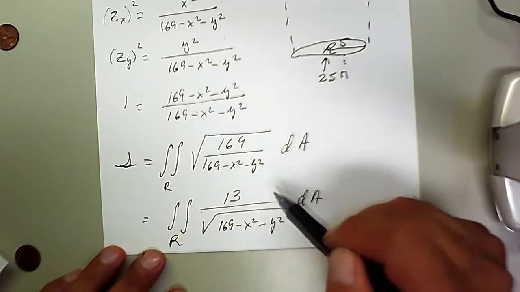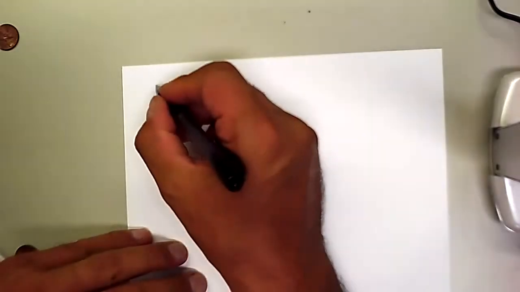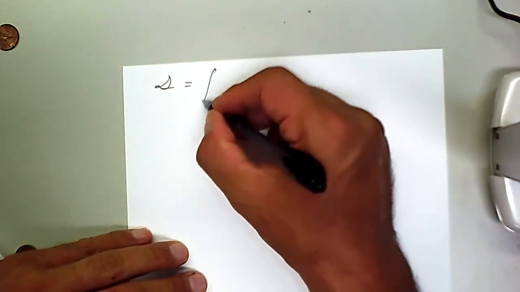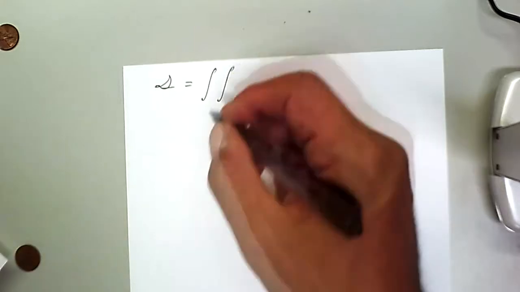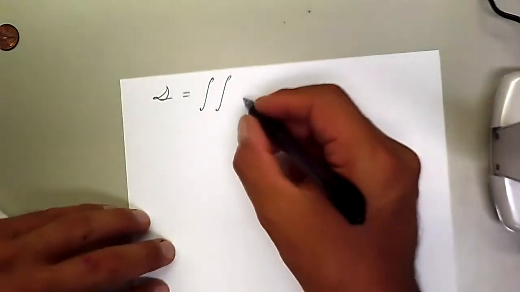And so we're going to change that into polar coordinates. So we're going to continue here. In polar coordinates, we're going to have, by the way, the 13 can factor out. It doesn't matter. I guess we can leave it there.